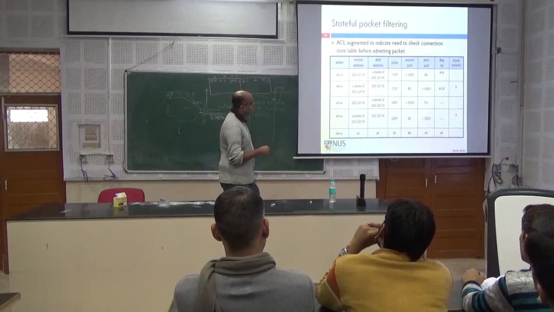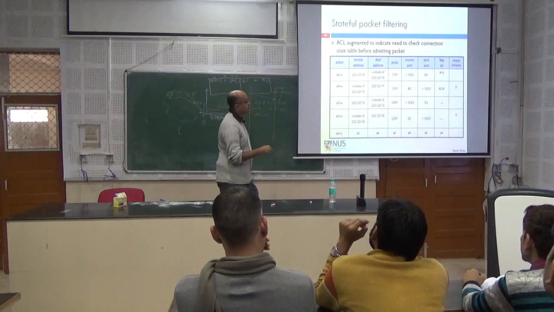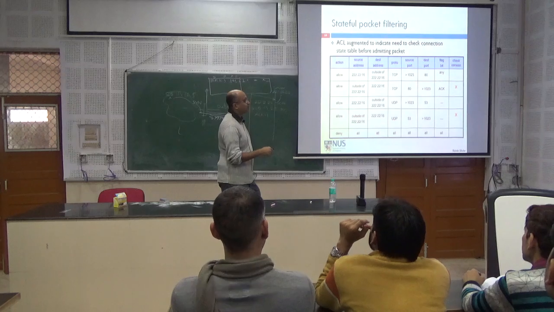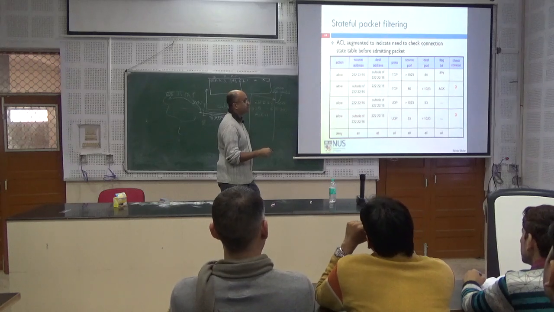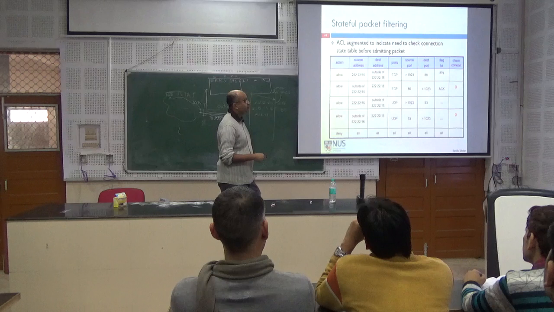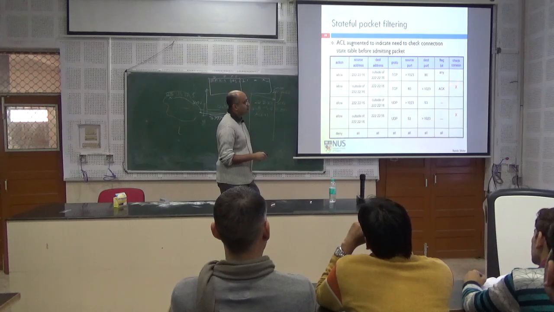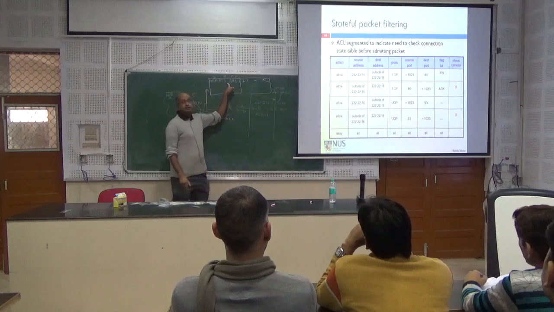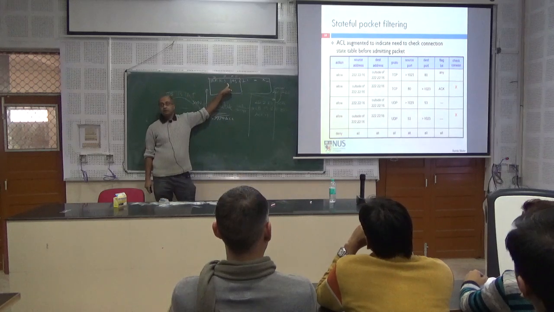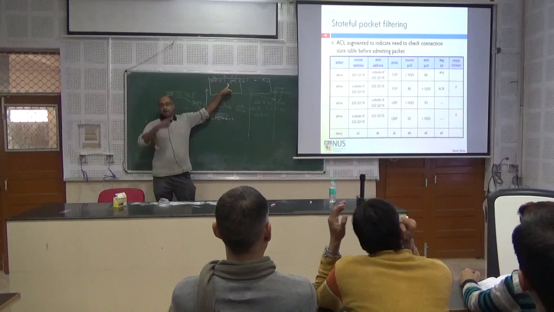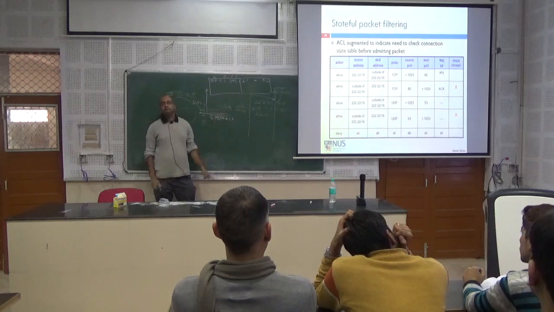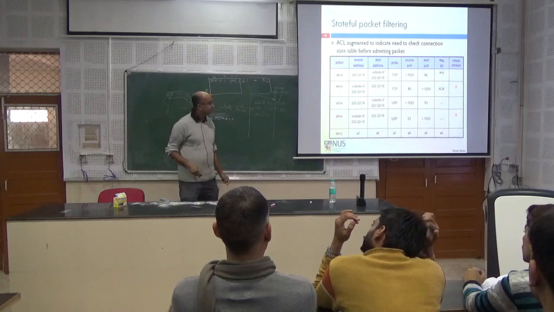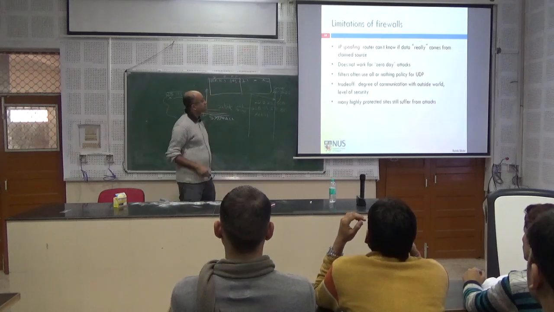If something from outside is coming to something inside, and it is claiming to come from a web server, it's all fine. I will let it in, but I have to check the connection now. Is there an existing connection with that web server between these two guys? If there is an existing connection, fine. If not, go, thanks, and so on. And this is stateful.